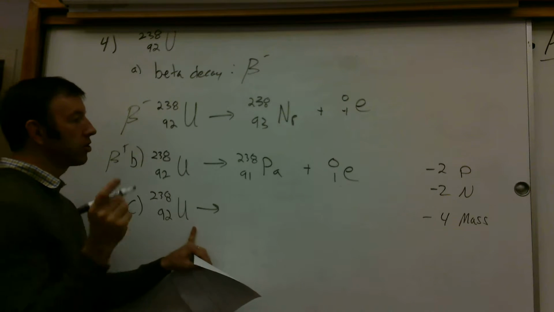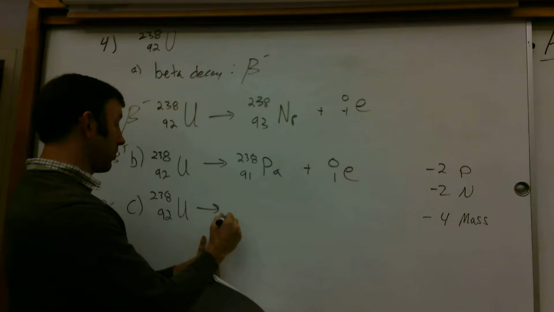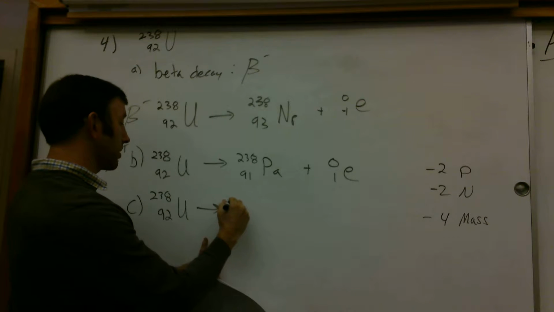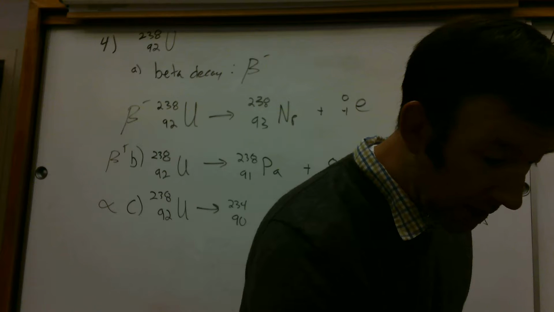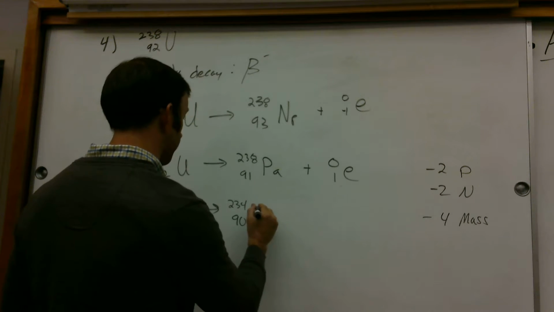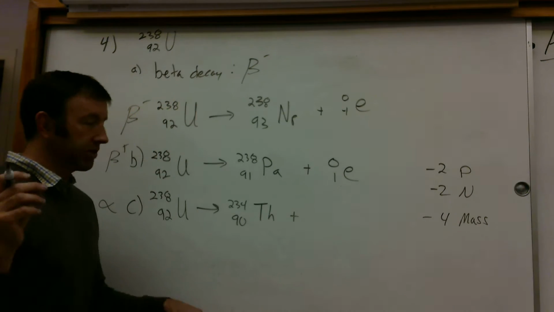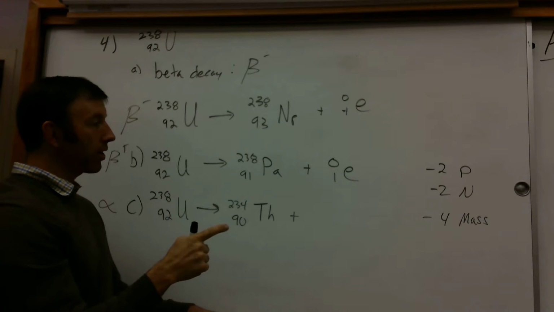We're going to subtract 2 from our protons, which makes this 90, and subtract 4 from 238, which makes this 234. Number 90 on the periodic table is thorium. Now, it's a decay, so I'm getting rid of a particle. What particle did I get rid of?